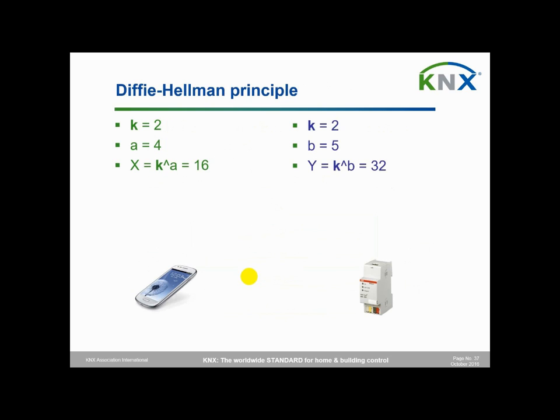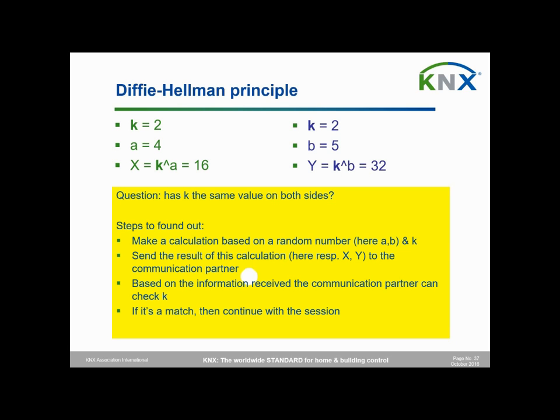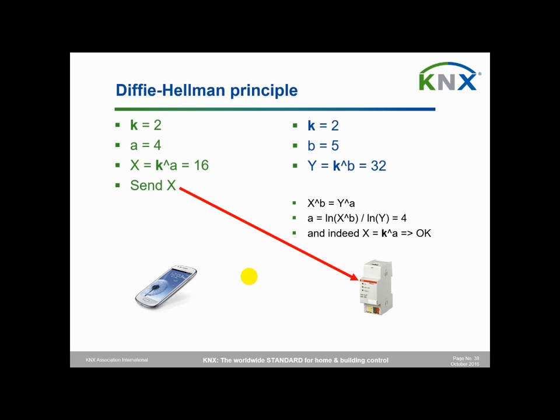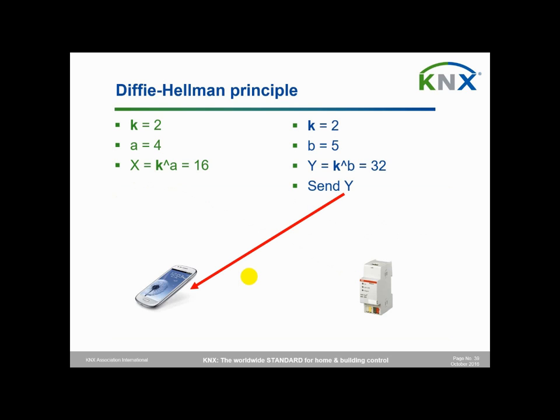Here I added a few slides with a very simple example where these variables are exchanged, which will allow you to understand this Diffie-Hellman principle. Here we see this from A to B, how this is checked, and then from B to A, and also here how this is checked.